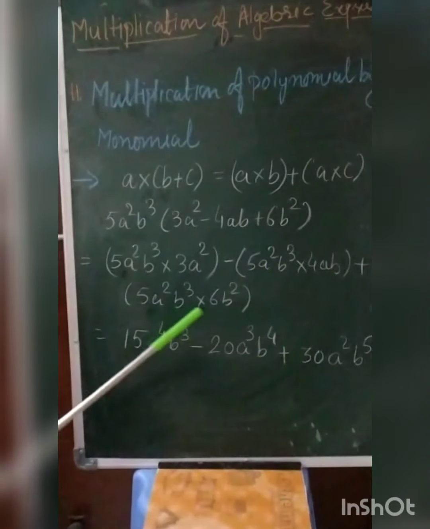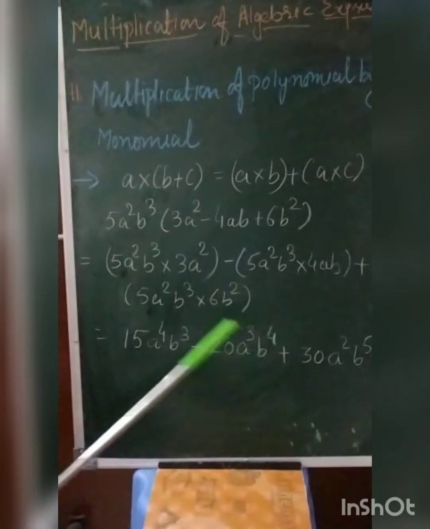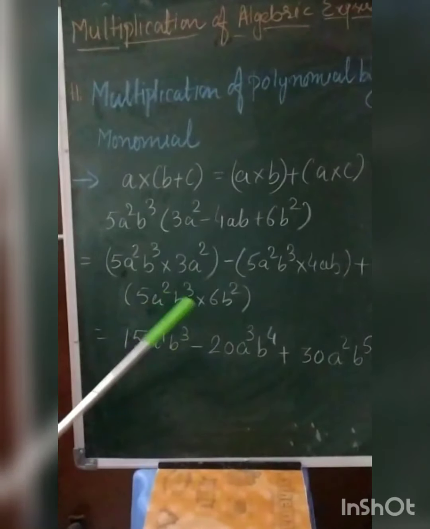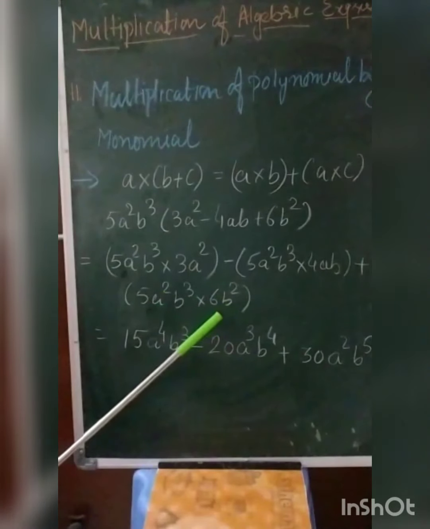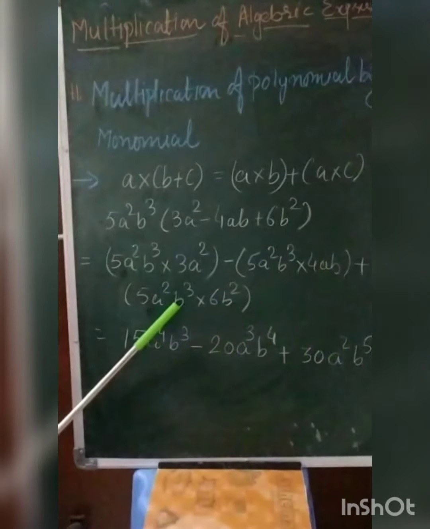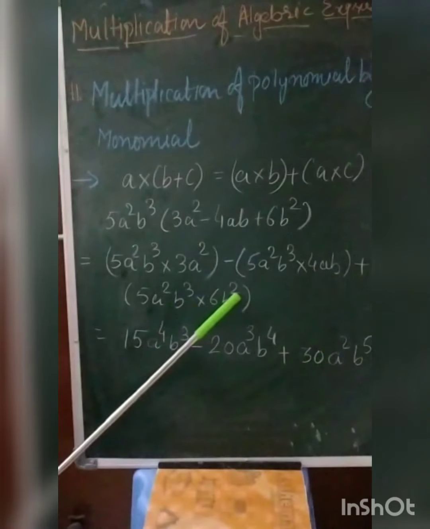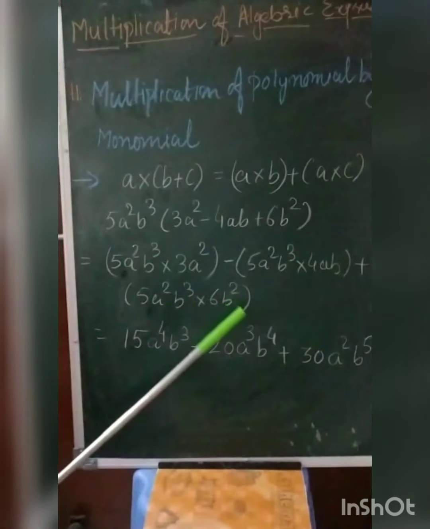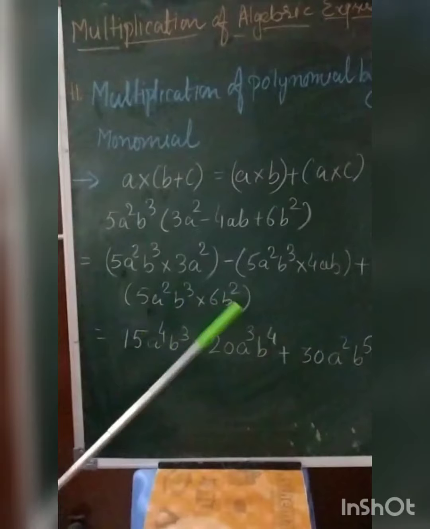Here we have 5 multiplied by 6, which is 30, a to the power 2, and here we don't have any a. So it will be a to the power 2 only, and b to the power 3 plus b to the power 2, so it will be b to the power 5.